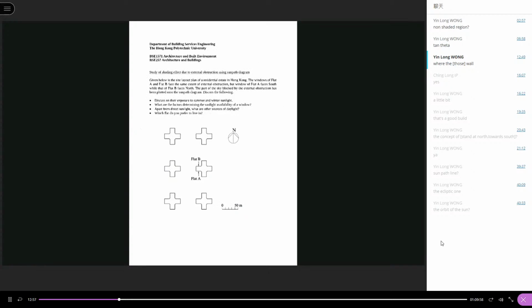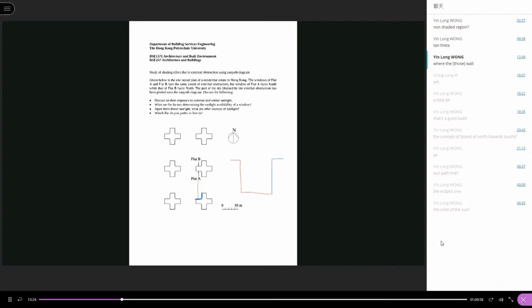So let's look at this example. This is the wall. This is also the wall. I draw a line up to this point. So it is just like I cut a section, and the section will be like this.